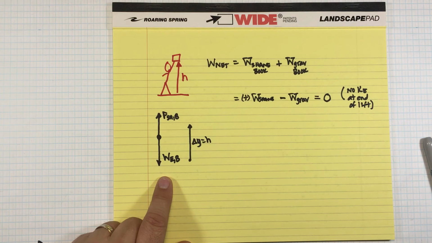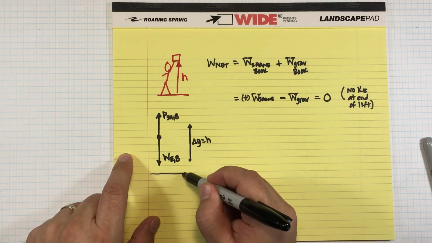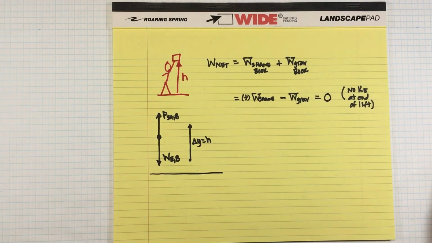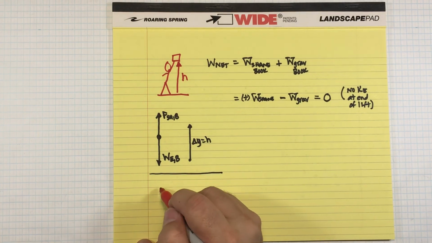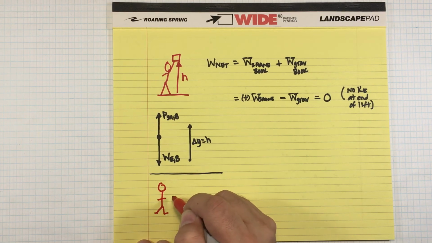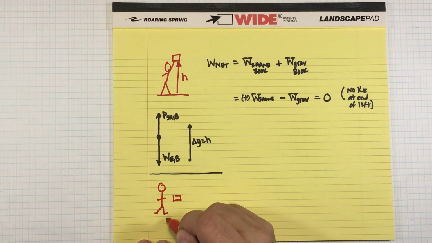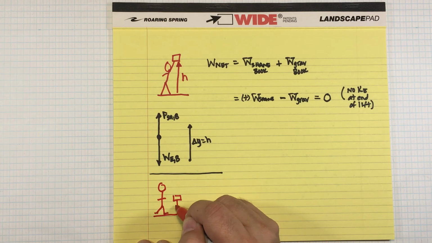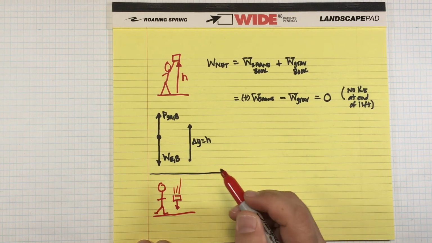Now let's think about a slightly different version of this problem, which is I start holding the book up over my head, and then I drop it. In that case, when I drop it, it falls to the ground.